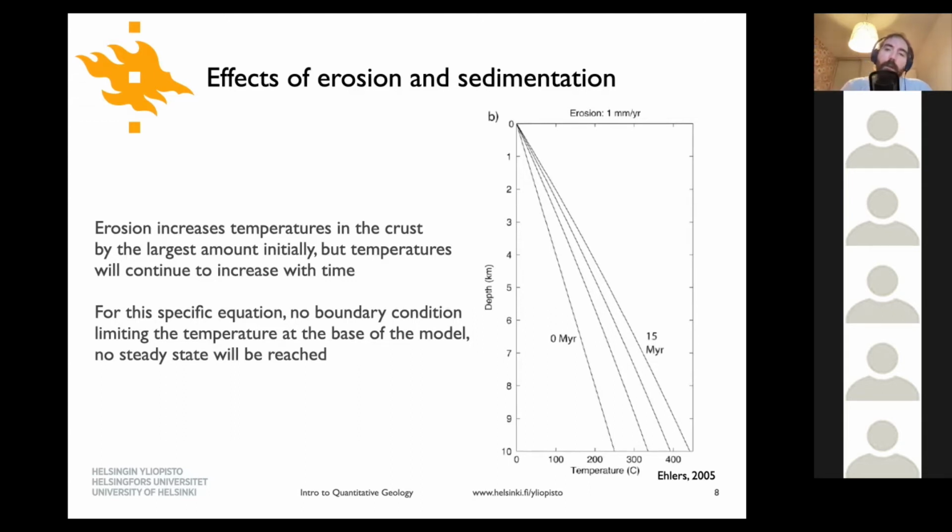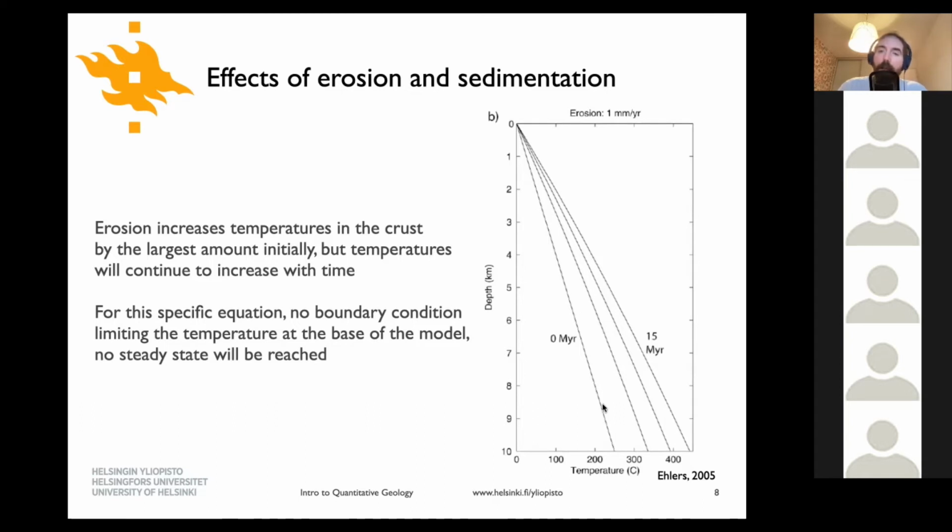This is for erosion at the Earth's surface at a millimeter per year, 1 kilometer per million years. We've got depth of 10 kilometers shown here, and then temperature is on the horizontal axis. At the beginning, you can see the temperature is 0 at the surface, and at the start, it went down to 250 degrees at 10 kilometers depth, which means temperature was increasing 25 degrees per kilometer.